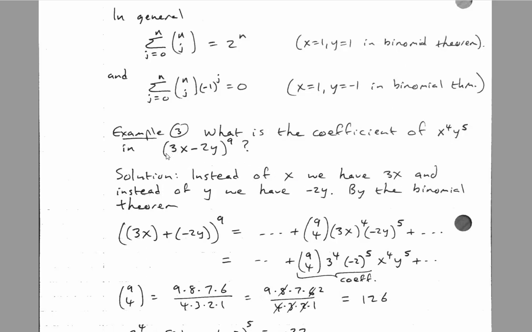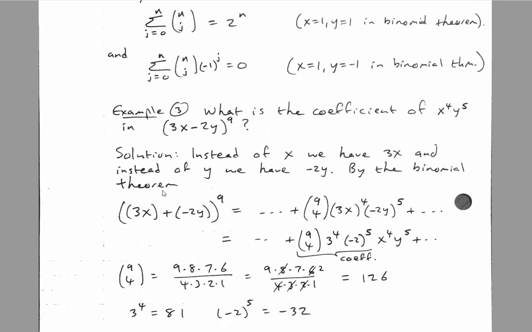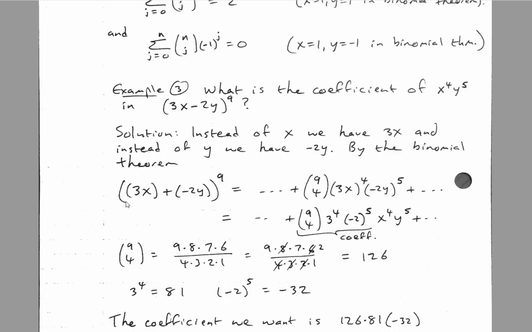Okay, but it's still a binomial. It's still the sum or difference of two terms. So we can write it like this: instead of an x, we have 3x. Instead of a y plus y, we have plus this quantity, negative 2y.